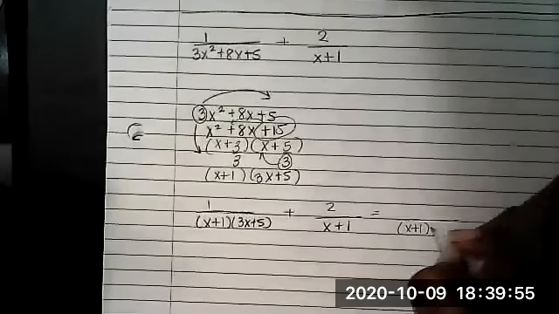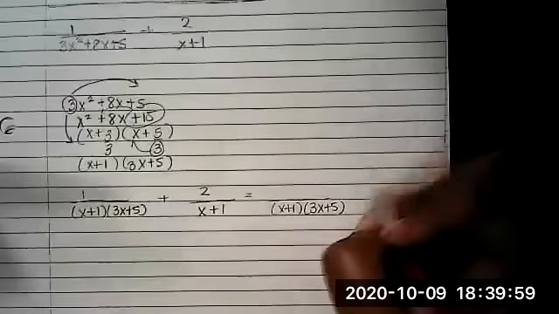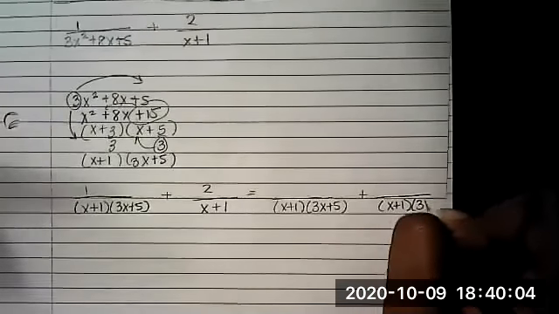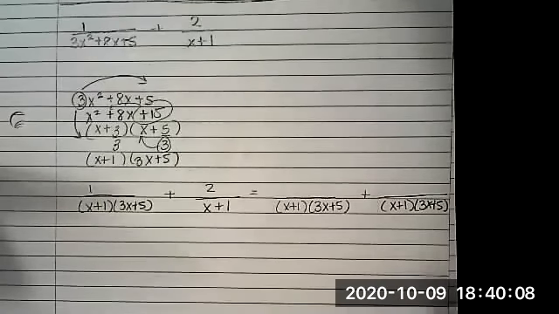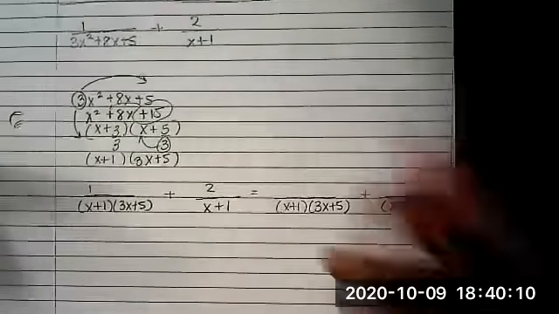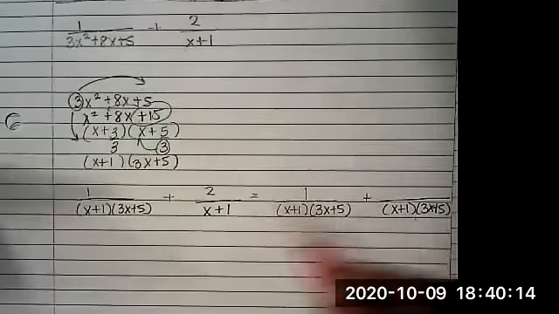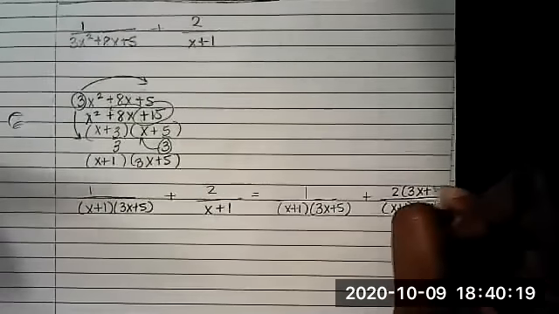It has to be there too. So 3x plus 5, and this one is what? X plus 1 and 3x plus 5. That is our LCD. This one didn't change, so the 1 doesn't change. But for this one, we added a 3x plus 5. So this 2 is there, but 3x plus 5 has to be added there.